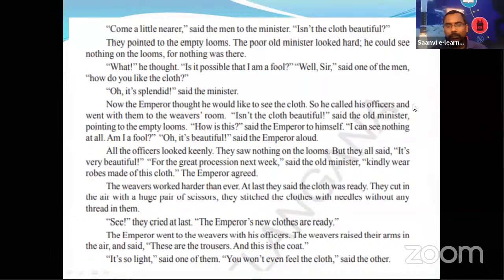How is this? said the emperor to himself. I can't see anything at all. Am I a fool? It's beautiful, said the emperor aloud.